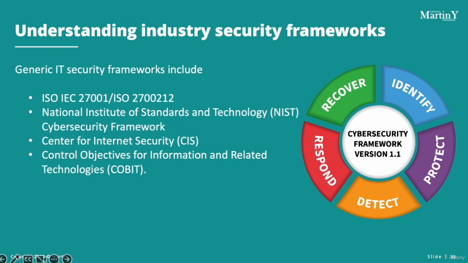Some of the most famous frameworks that you should be aware of are, firstly, ISO 27001, which is an international standard for system security controls that emphasizes controls that detect threats that would have a severe impact on the availability and the integrity of the systems.